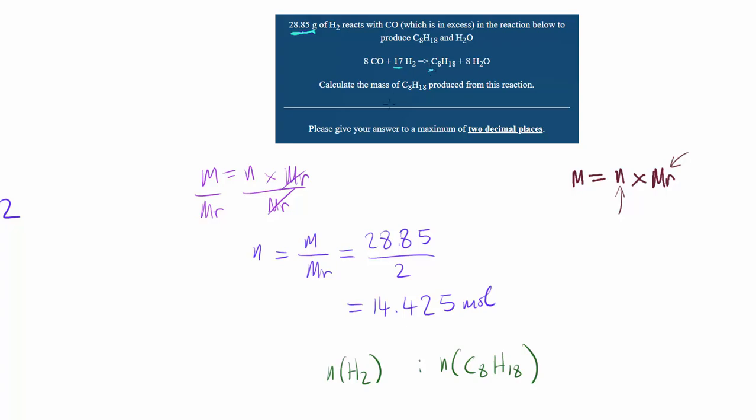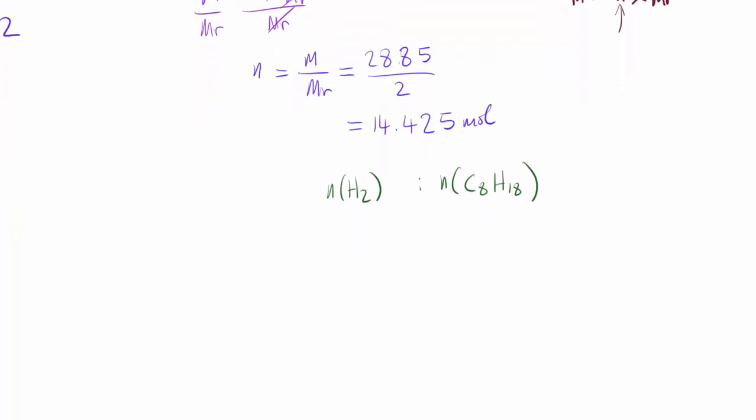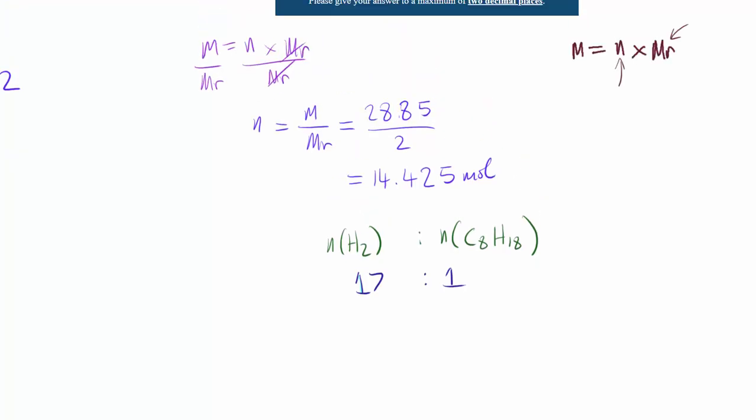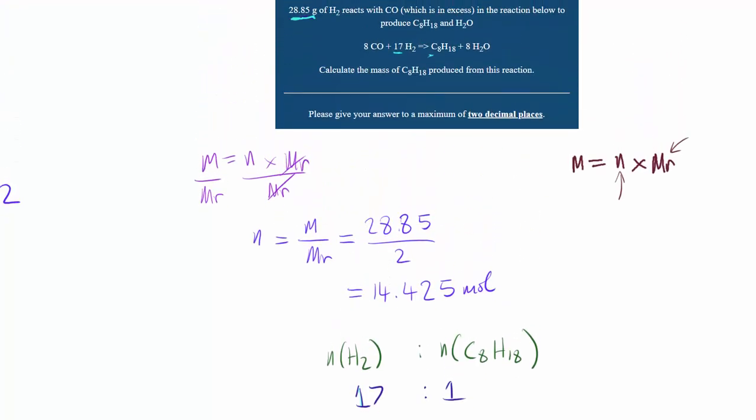So the coefficient is 1, and in this case we can say the ratio is 17 to 1, and the implication is that for every 17 moles of H2, we're going to have 1 mole of C₈H₁₈.